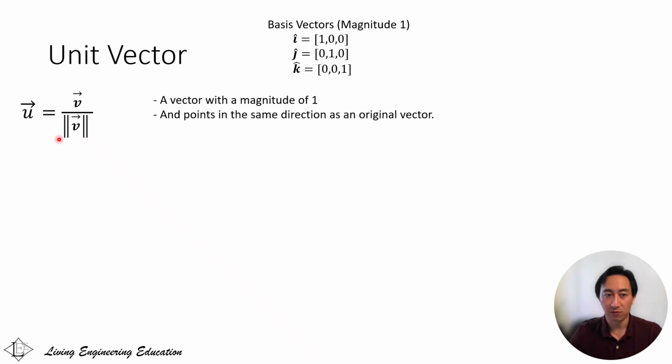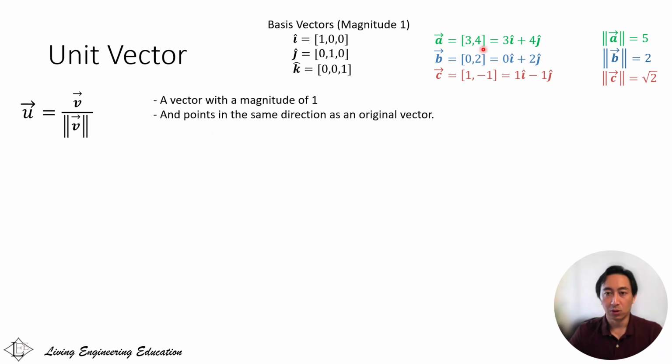Also, because we're just dividing by a scalar, this forces the relationship between the x, y, and z components of the original vector to remain true with u.